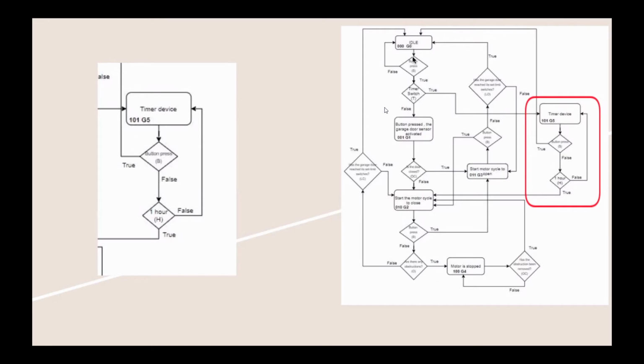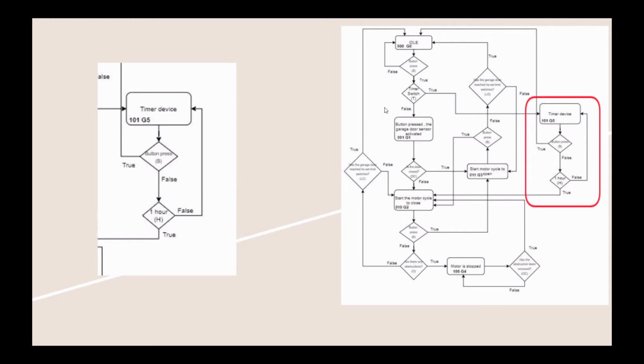And they press the garage door button first, and then our timer switch is true. And then instead of going down to state 1, we are actually going to go to our timer device, which is state 5, 101. And what our timer device does is it's going to set an hour limit, and once that limit is done, it's going to close our garage door.